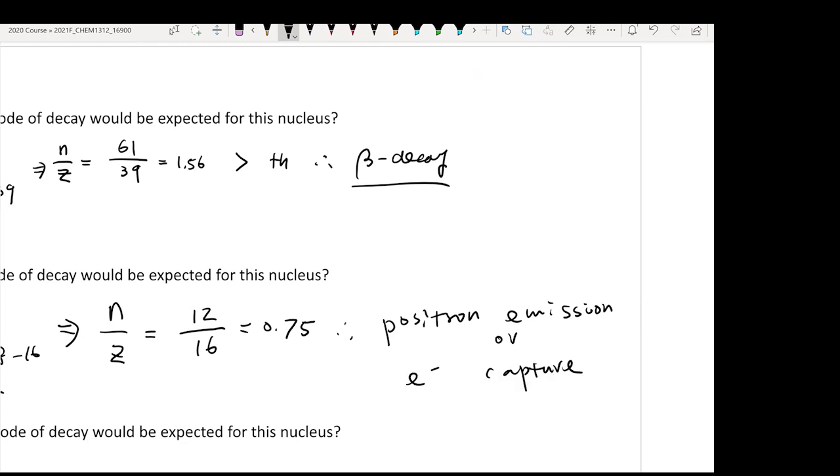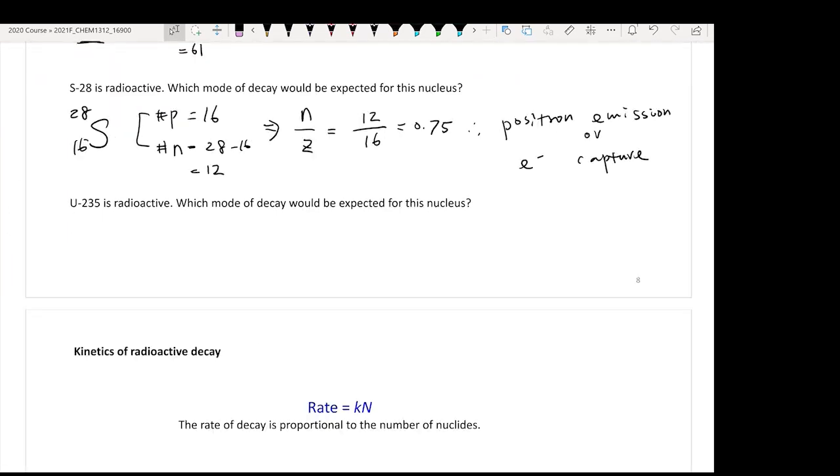So that's how you do all this prediction. Every time you see this keyword radioactive, it means this is unstable, right? Then you can immediately apply the tables we provide. But if I just tell you this, if I erase this, first I can ask you, is U235 stable or not? What you need to do is check the periodic table for uranium.